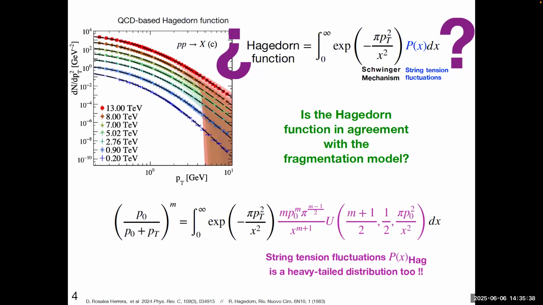We have found that this distribution can be understood as string tension fluctuations. And when we convolute it with the Schwinger mechanism, we obtain the Hagedorn function. And a very interesting thing that we have found is that this distribution is a heavy-tailed distribution too, such as in the case of the Q-Gaussian.